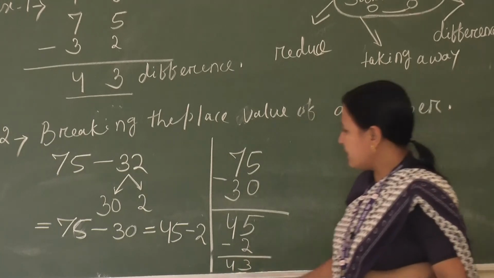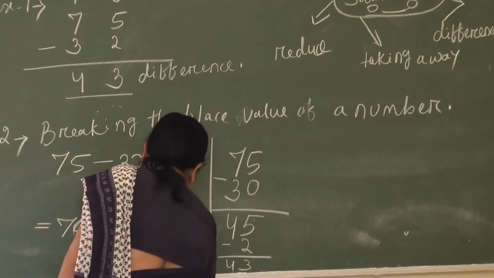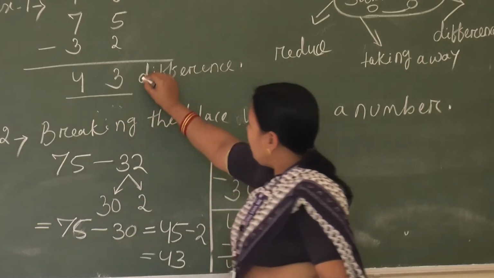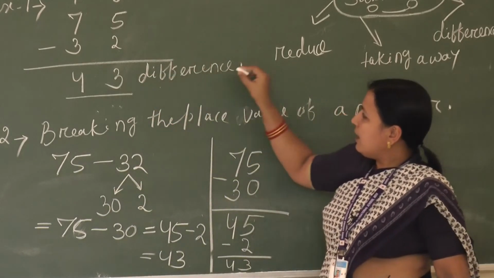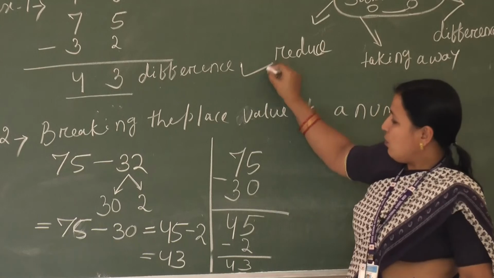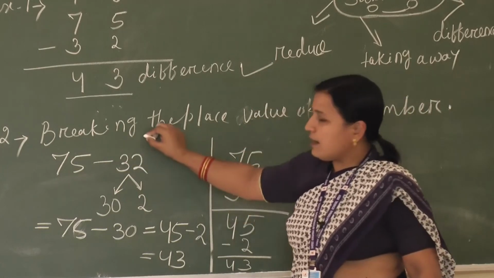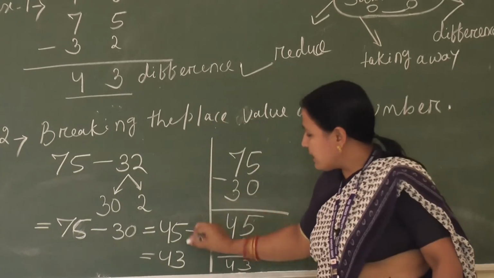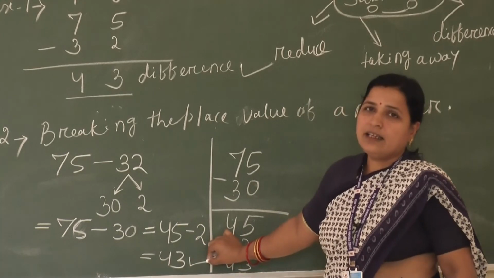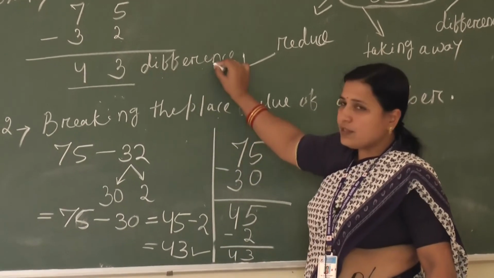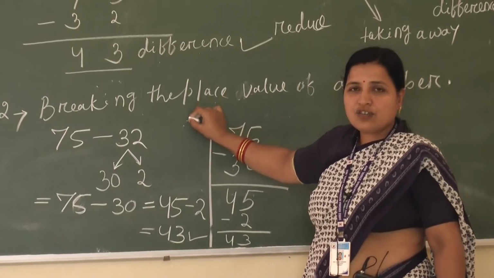What is the difference? 43. You see, when you subtract the smaller from the greater, the difference is 43. When you do the subtraction by breaking the place value, this difference is also 43. So these are the two processes I am doing here for subtraction.